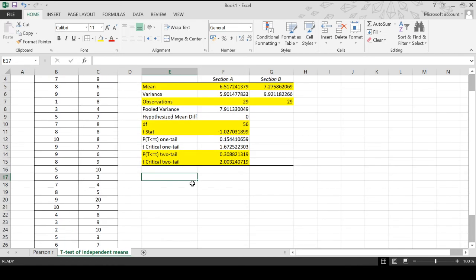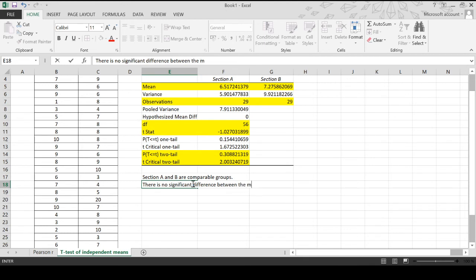If you're going to report it, you have section A and B are comparable groups. So you can have it just like that. The simplest interpretation that you can have is there is no significant difference between the means of section A and B.